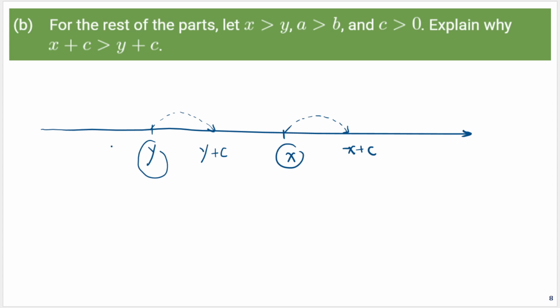Of course, we'll still have x plus c greater than y plus c, right? So that means if you have x greater than y and c larger than 0, you will always have x plus c greater than y plus c, right?